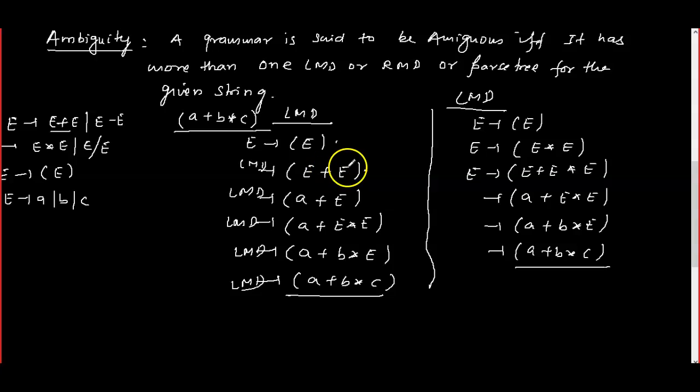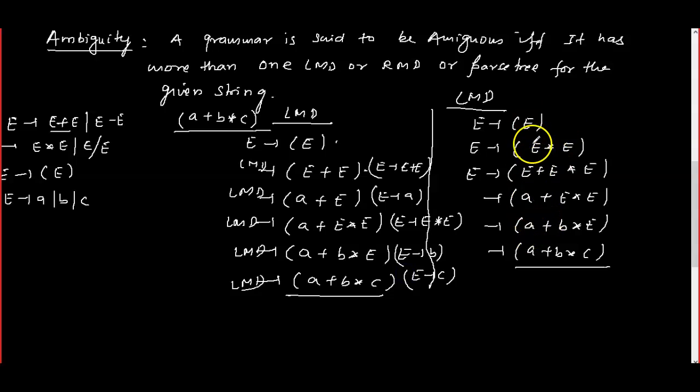Okay, see here in this derivation what you have substituted: E derives E plus E, right? This one we have done. Here E derives A, we have done. Here again E derives E plus E star E, we have done. Here E derives B and E derives C. But in this one we have changed the order.